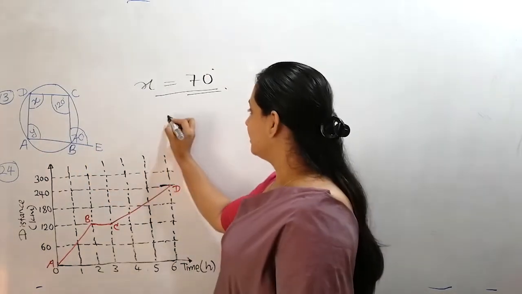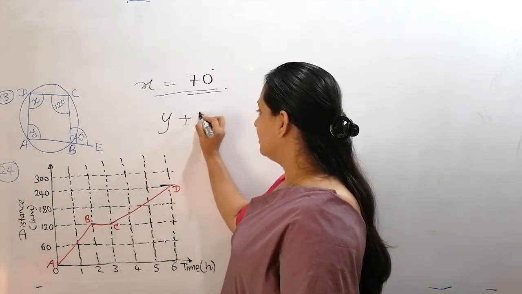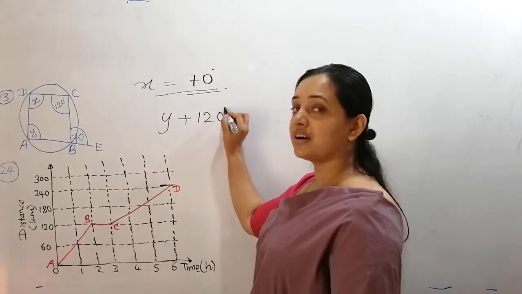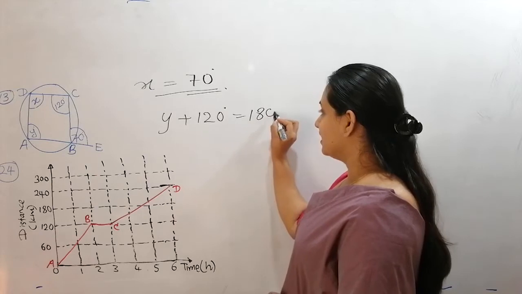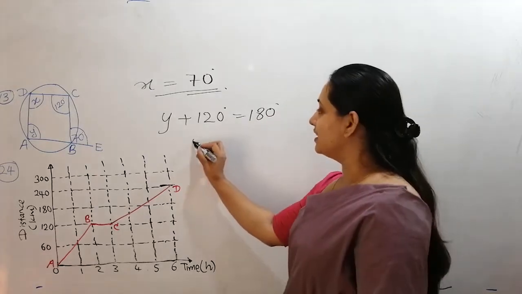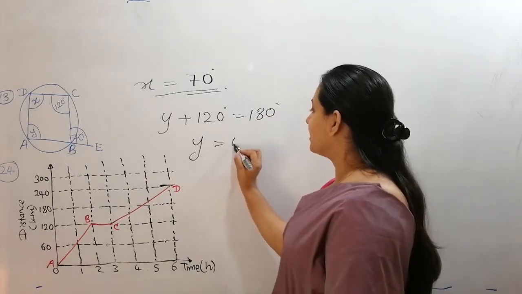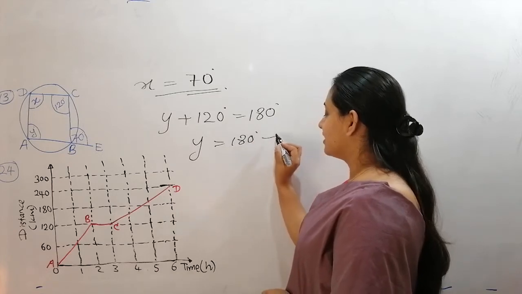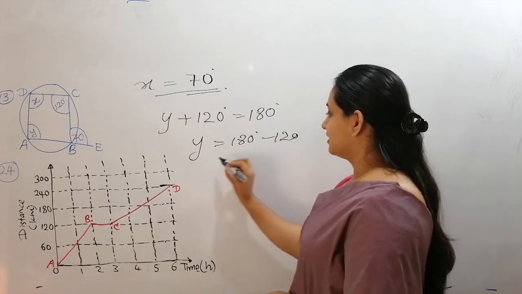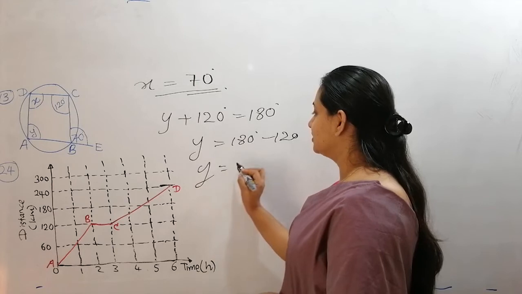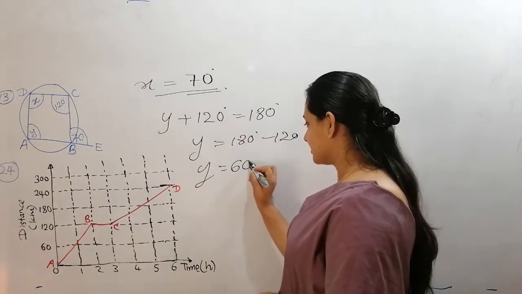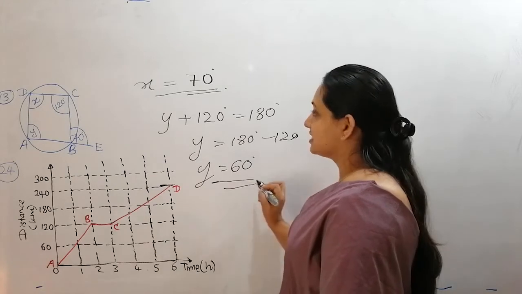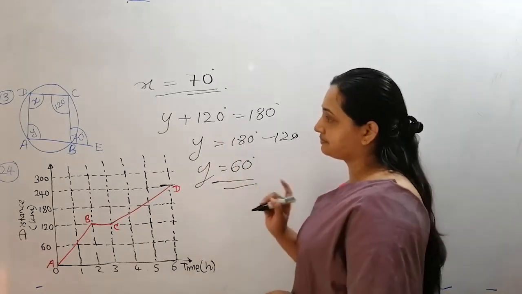We can write y plus 120 degrees equals 180 degrees. That means y equals 180 minus 120, which is 60 degrees. This is the answer for question number 13.